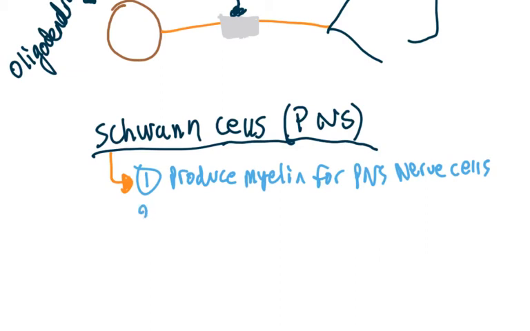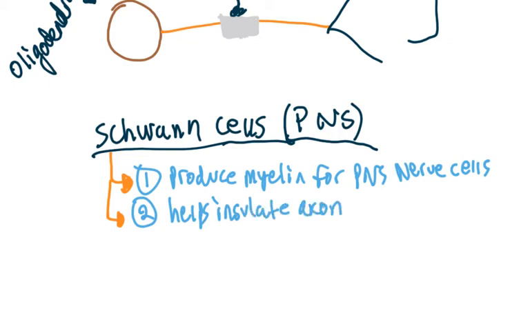Another function related to this is that Schwann cells help insulate our nerve cells in our peripheral nervous system, right? Because it produces myelin for them, and that's what myelin does. It helps insulate the axon and helps faster transmission of signals throughout the axon. So the Schwann cells help action potentials travel faster throughout the axon.